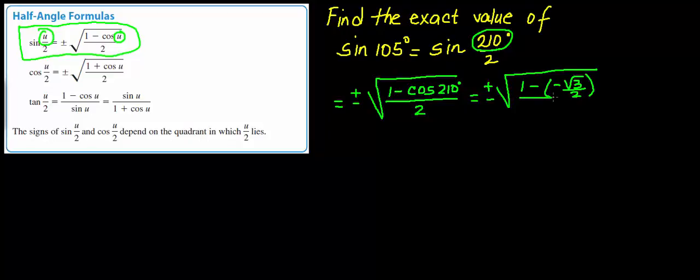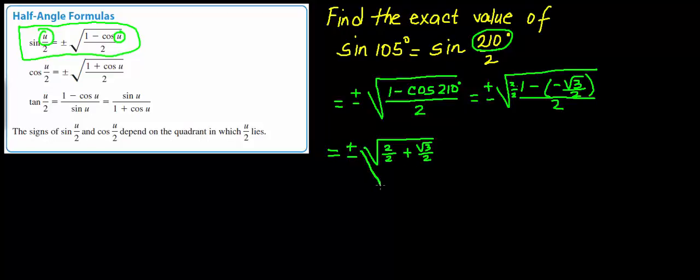And everything will be divided by 2. So this will equal plus minus the square root of 1, which I can change into 2 halves because I have a fraction. The common denominator is 2, so I can multiply top and bottom by 2 to make this into halves also. So I would end up with 2 over 2, which is your 1, plus, because minus negative is the same thing as plus, square root of 3 over 2.